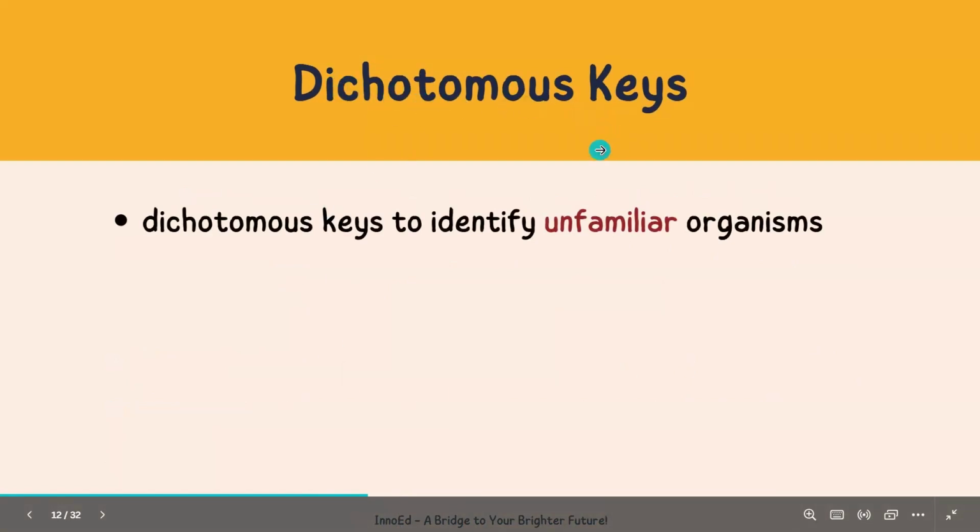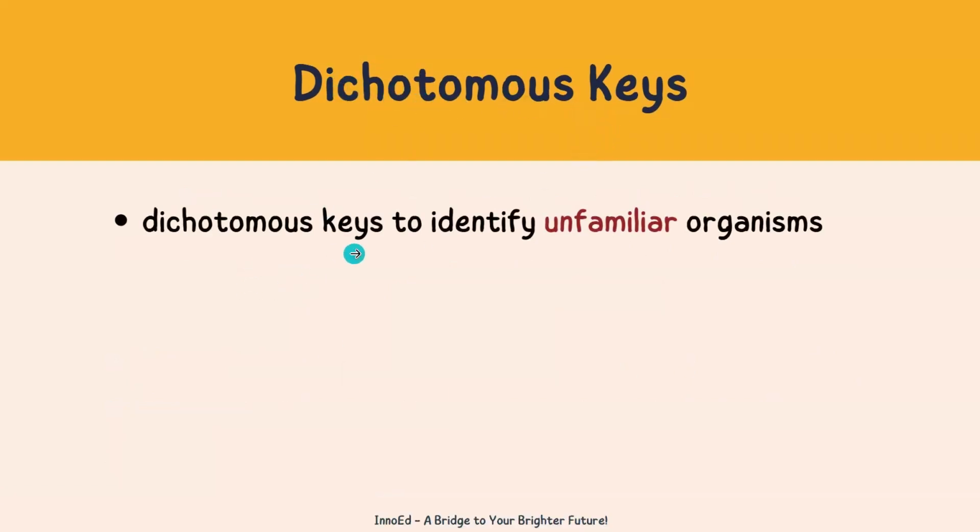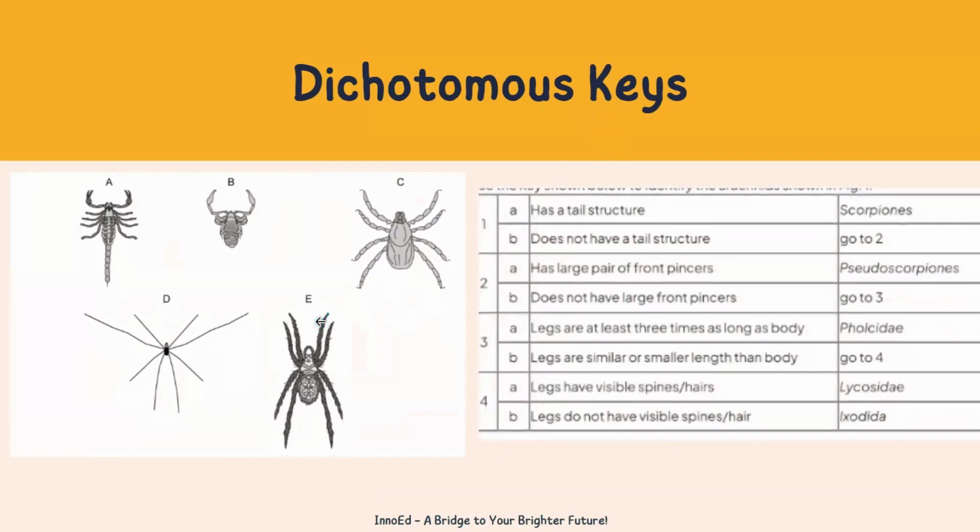Dichotomous keys. Those keys are simply features to identify unfamiliar organisms. So I've added an example here. I took it from a real past paper question. There, 5 pictures of arthropods are given and a table of features with the name, and we have to read the feature and look at the picture, and if it matches, I have to write the letter beside the name.